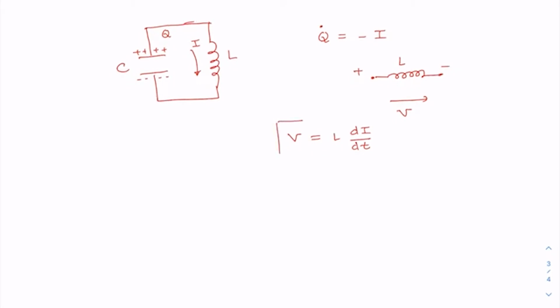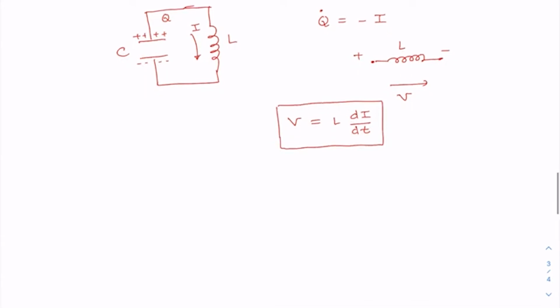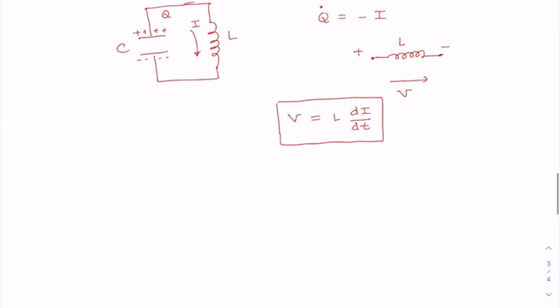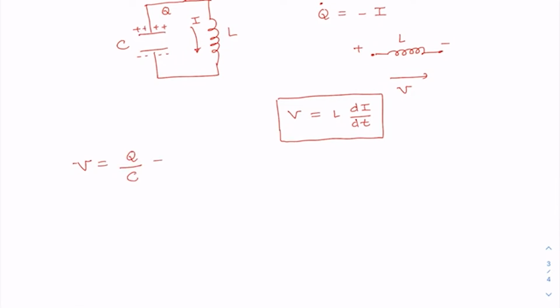So this is the well-known expression, all of you know. On the other hand, the voltage across the capacitor is given by charge divided by the capacitance C, and is obviously equal to L dI/dt.